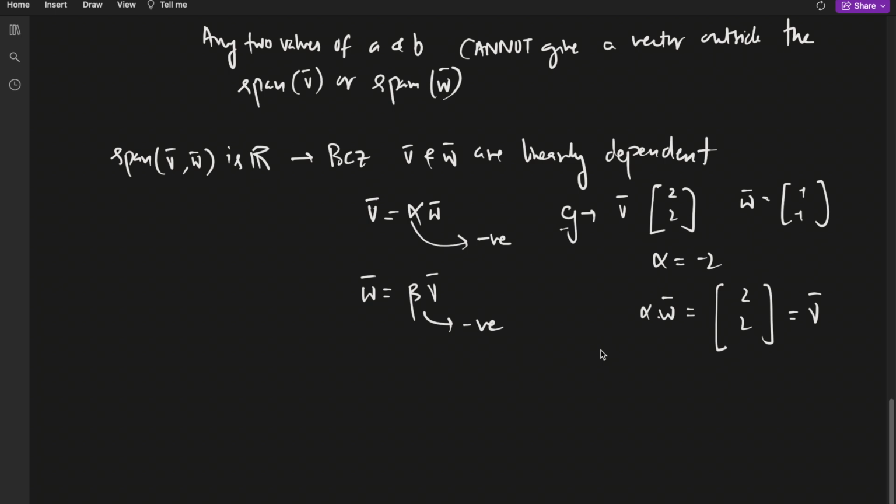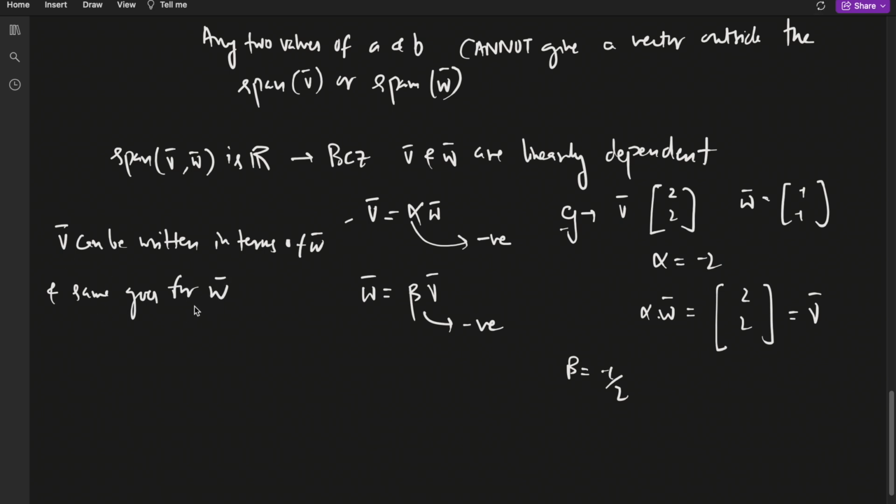So in this particular case, beta will be -1/2, right? So you see that because V can be written in terms of W, and same for W, V and W are linearly dependent.